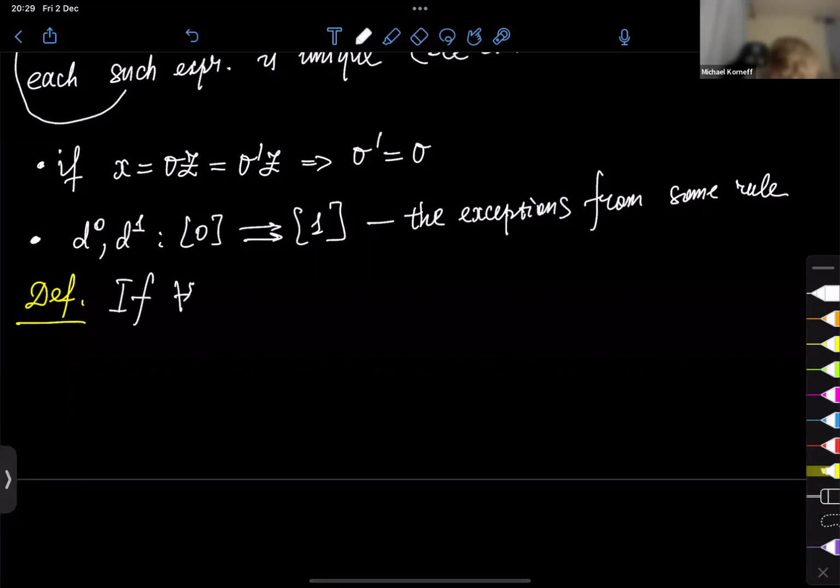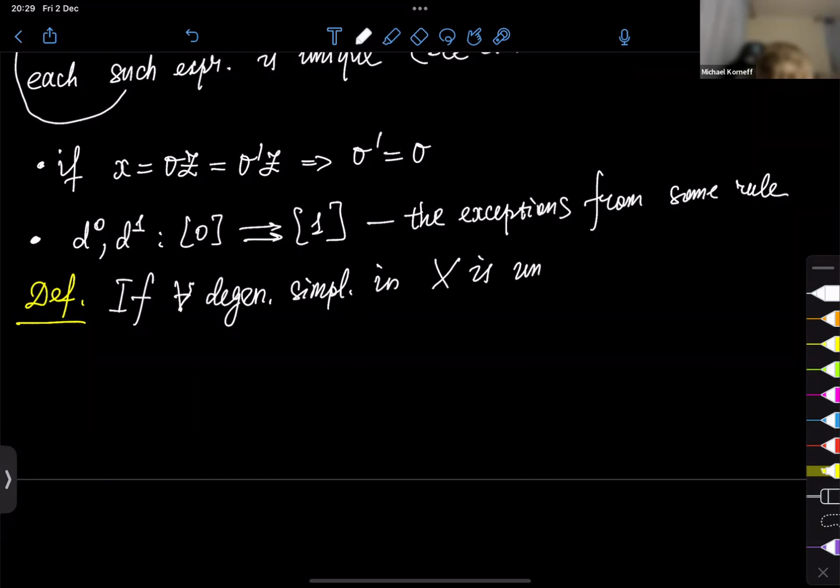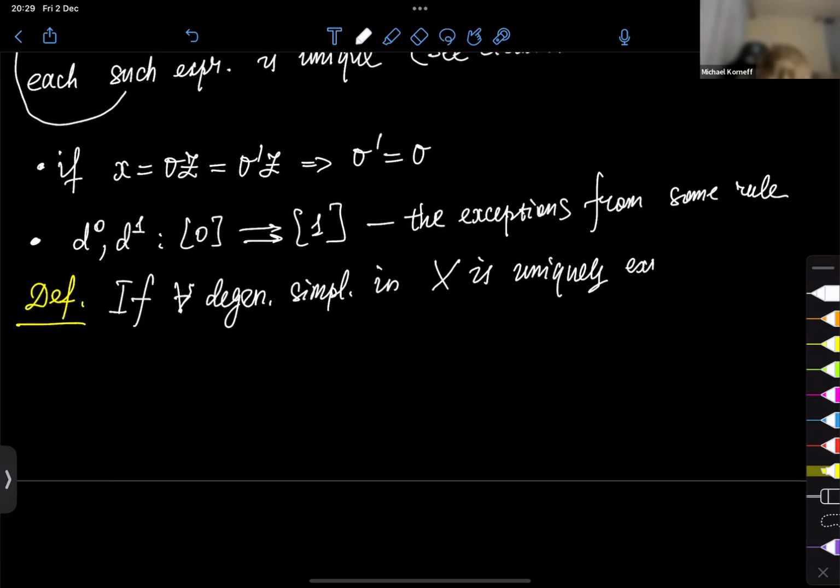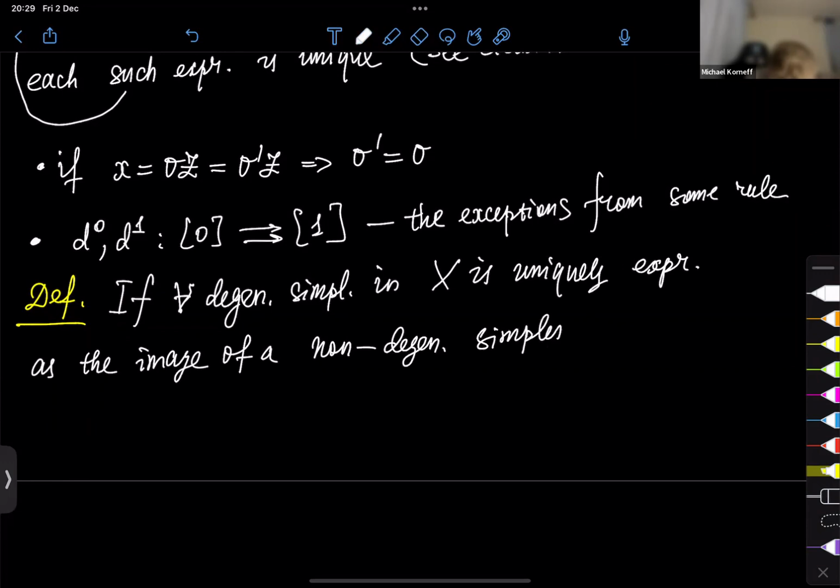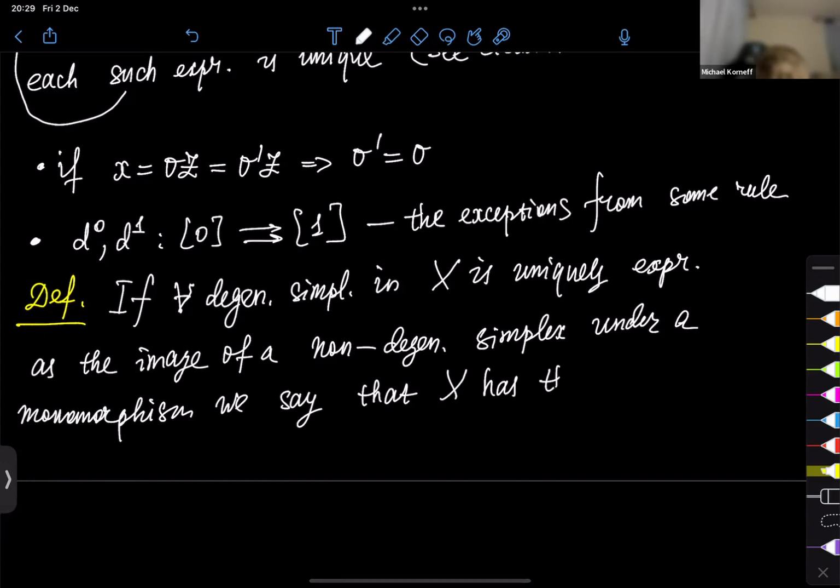If any degenerate simplex in X is uniquely expressible as the image of a non-degenerate simplex under a monomorphism, we say that X has the Eilenberg-Zilber property.